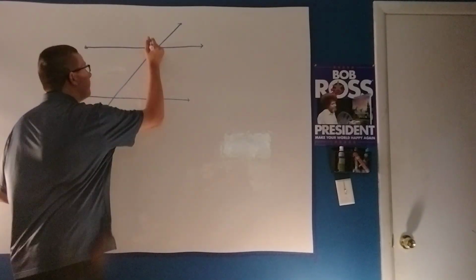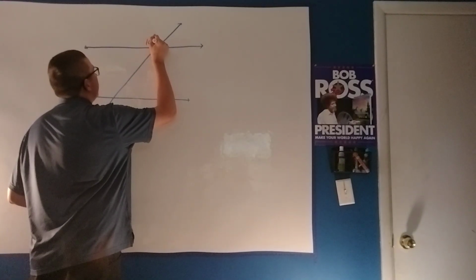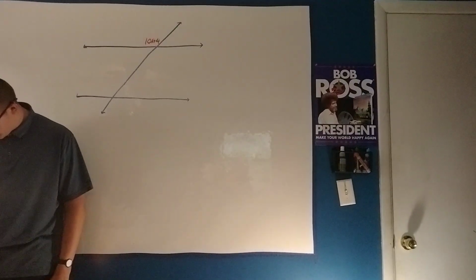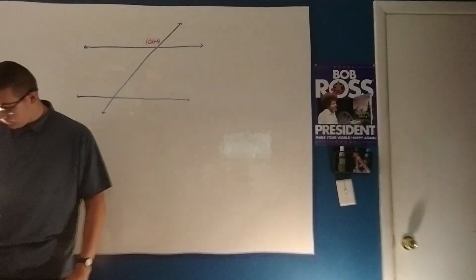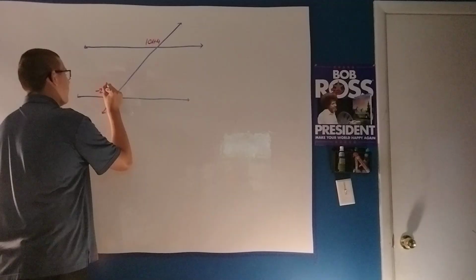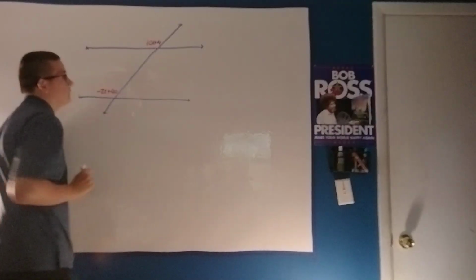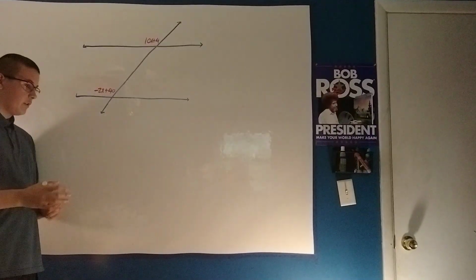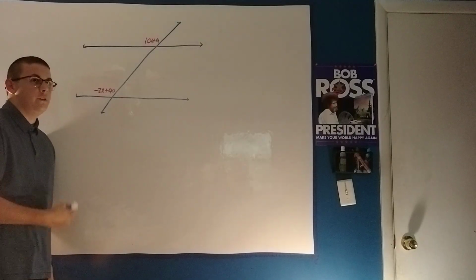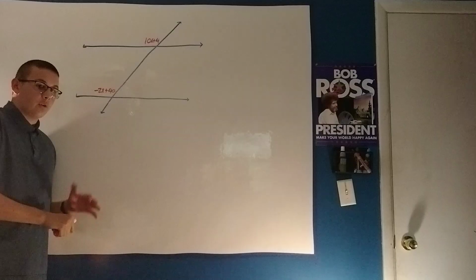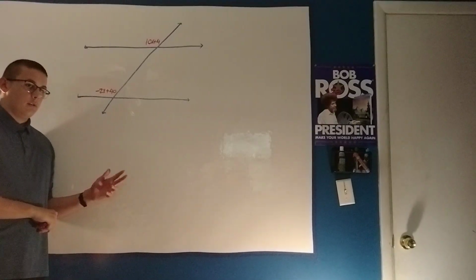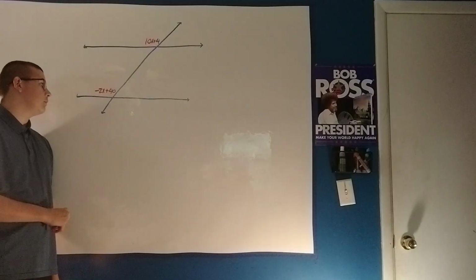We'll do 10x plus 4, and then the other one is negative 2x plus 40. So again, determine what angles these are, whether they're congruent or supplementary, and then try to solve for x. I'll give you a second, pause the video.